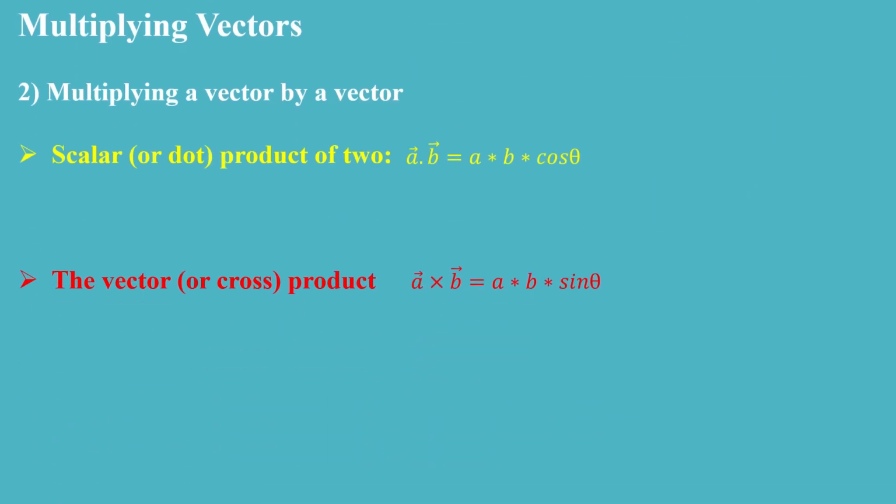Also, I can multiply two vectors together. And two vectors can be multiplied by dot or cross.